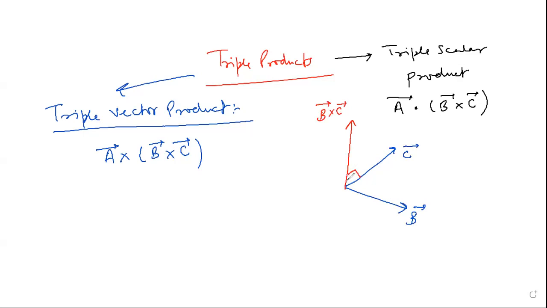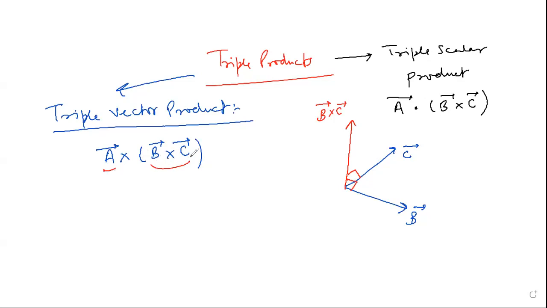It's perpendicular to C and perpendicular to B. Let's redirect it up like this, and we know how we find the direction of the B cross C vector using the right hand rule.